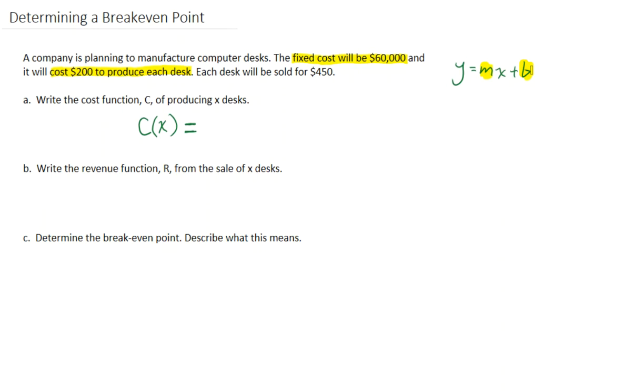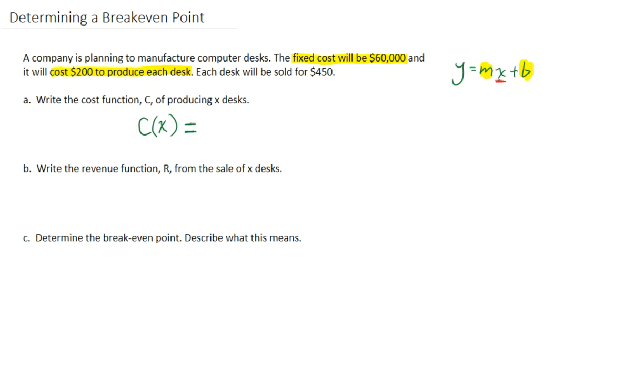And then we basically need to decide what is our m and what is our b, and that'll give us the linear function. So in the scenario, we have a fixed cost of $60,000, and then we have this variable cost of $200 for each disk produced. Well, in the equation, the thing that is driven by a variable is the slope.